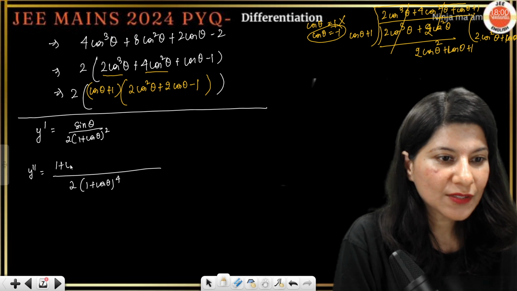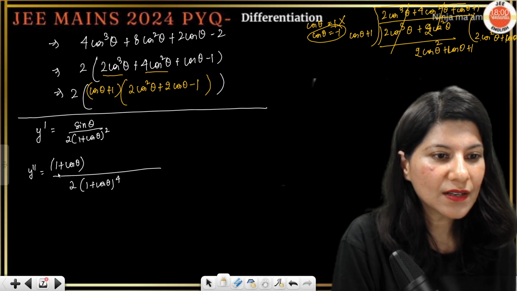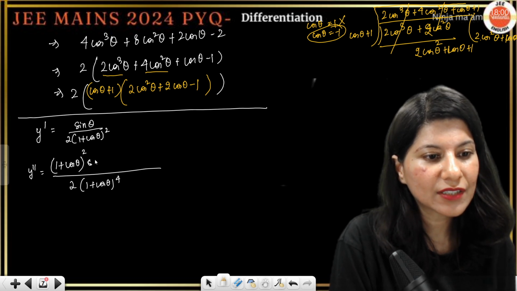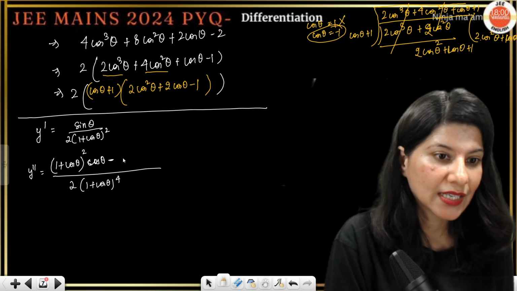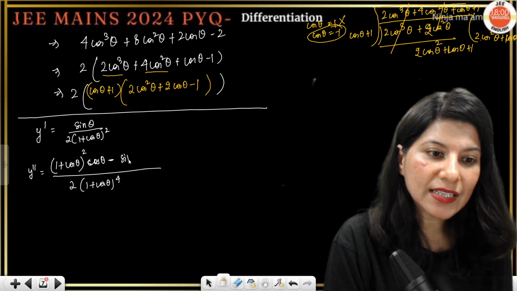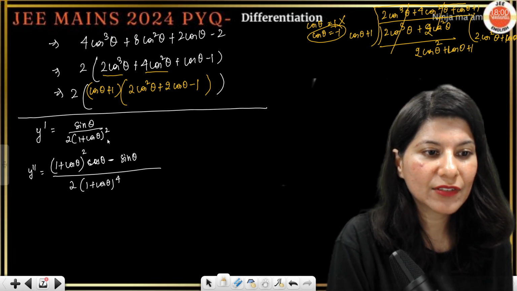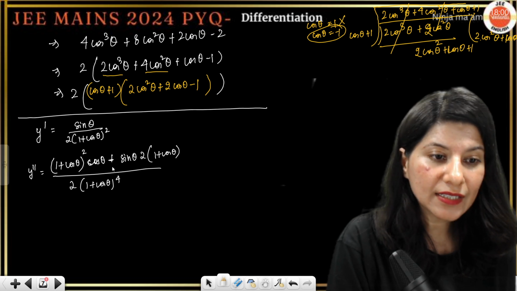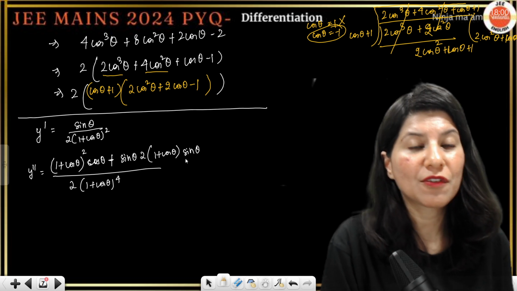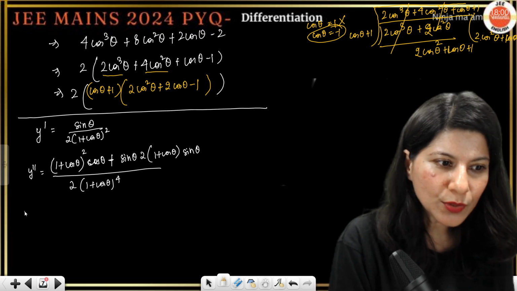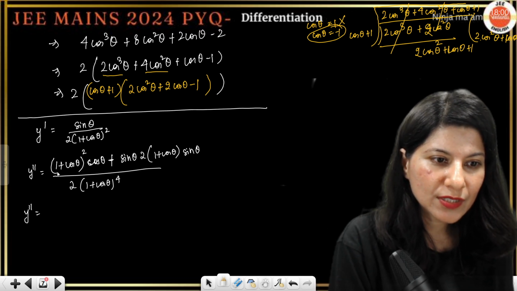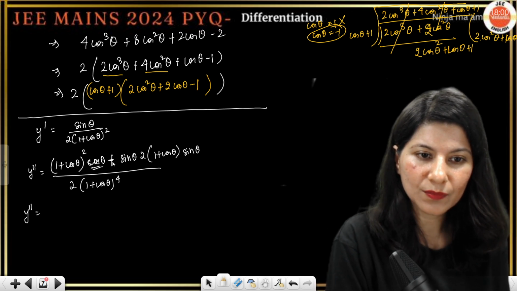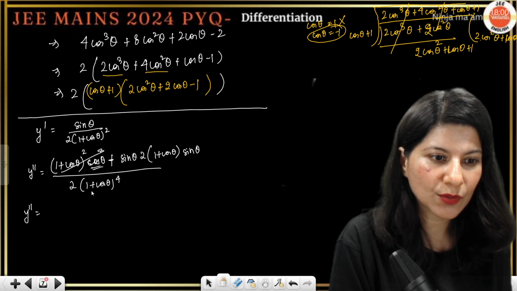And 1 plus cos theta's square as it is, sin theta's derivative is cos theta minus. This time sin theta kept as it is and the derivative of this is 2, 1 plus cos theta, and again the derivative of cos theta is minus sin theta. Now quickly put values. So this is going to be 1, this is going to be 0. Done. So this is 0.